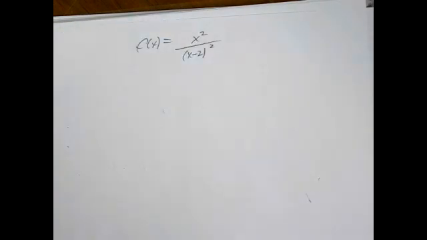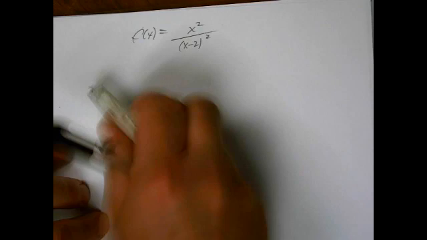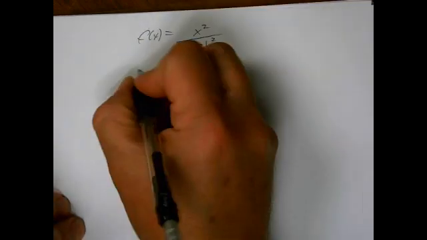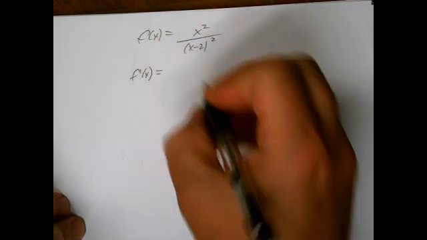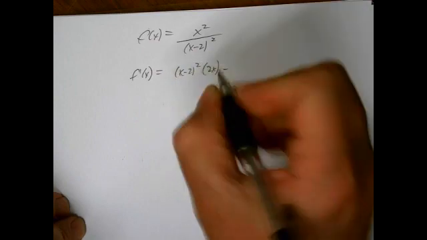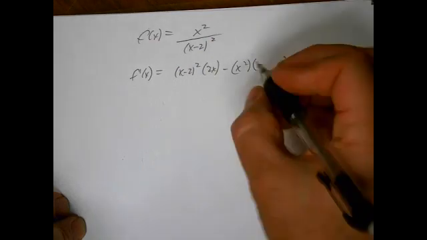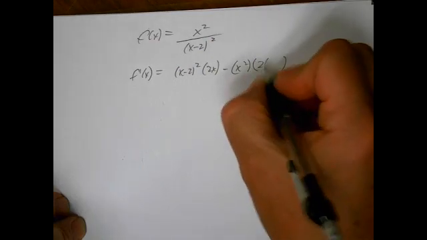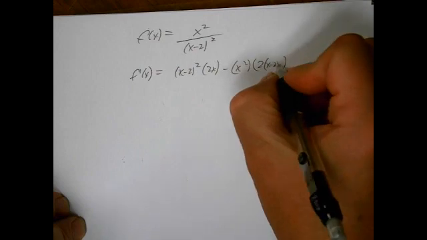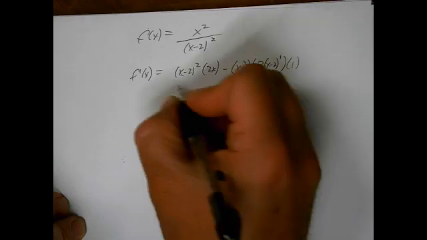First thing I need to do is take a derivative. And for this one, the derivative is going to require a little bit more than just a power rule. I'm going to have to use a quotient rule. All right, so f prime of x will be equal to bottom times derivative of top minus the top times derivative of bottom, and the derivative of bottom would be a 2 times the x minus 2 reduced to the first power times the derivative of x minus 2, which of course is a 1.